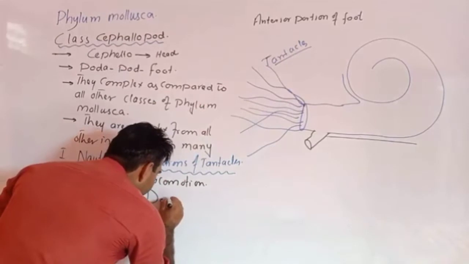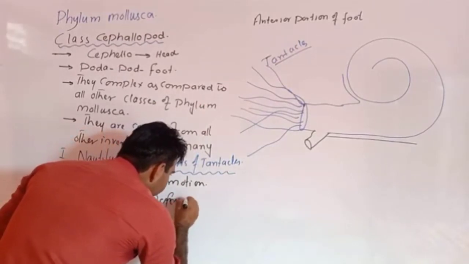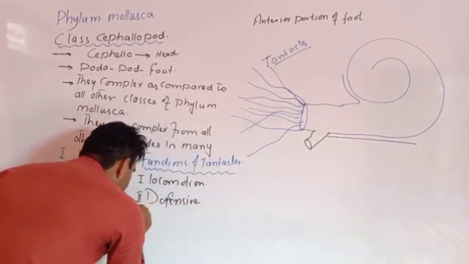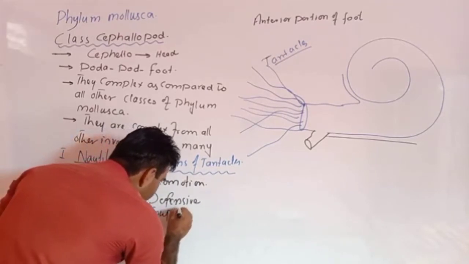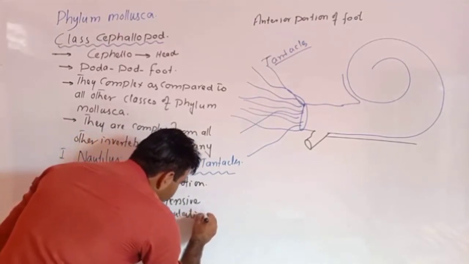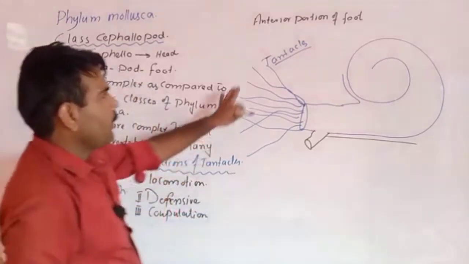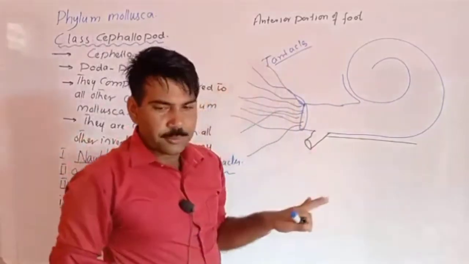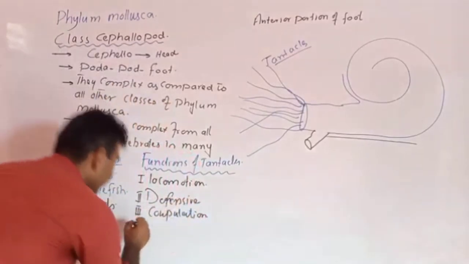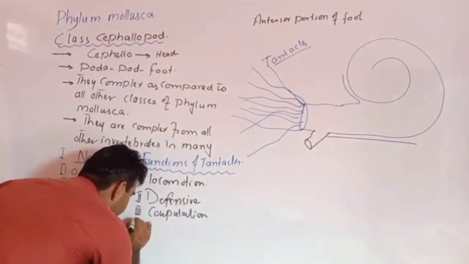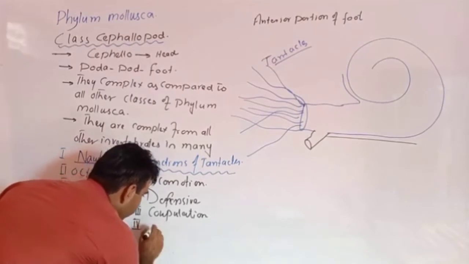The third function of these tentacles is copulation. Then they also perform other functions such as predation.